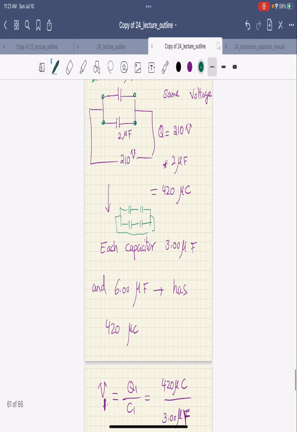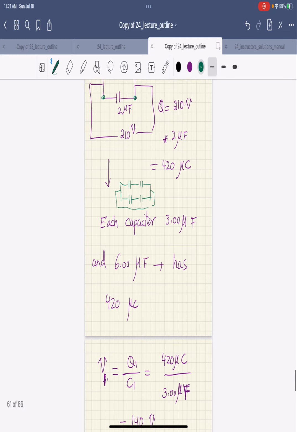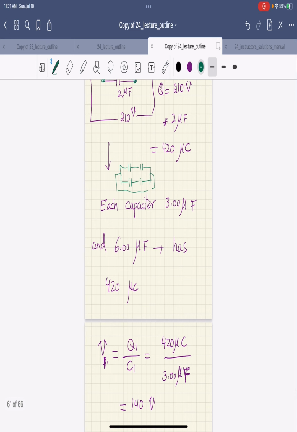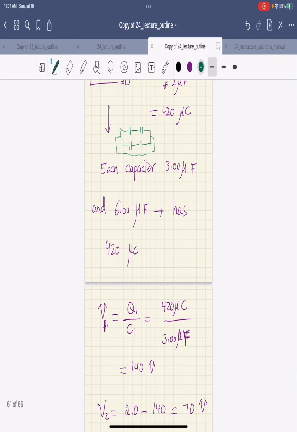Okay, each capacitor, the 3 and the 6, of course has 420 microcoulomb, because they are in series.